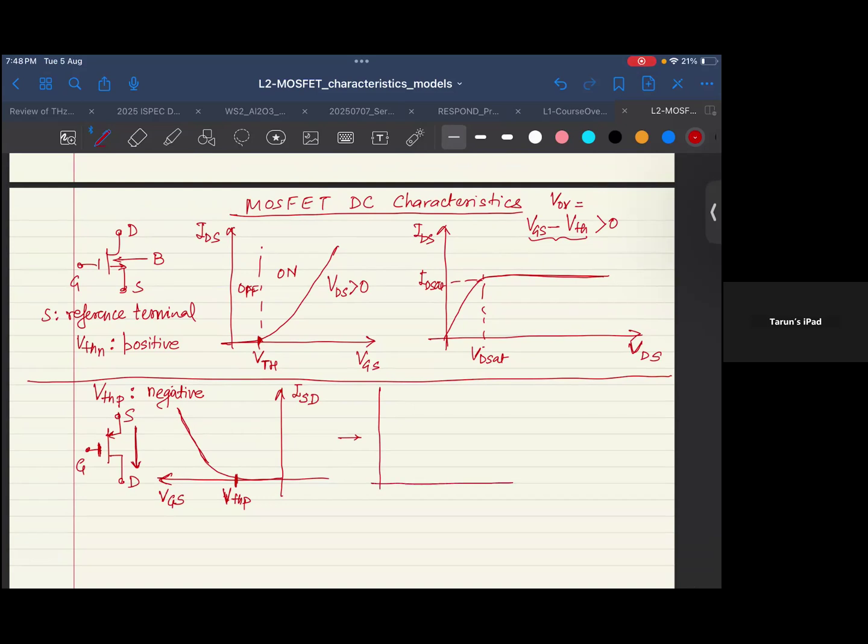Rather than VGS, as we looked at, if we use the opposite convention of VSG, then everything remains the same, right? So we can define it the similar way we define NMOS. Because this becomes positive, we only need to take the mod of this voltage.